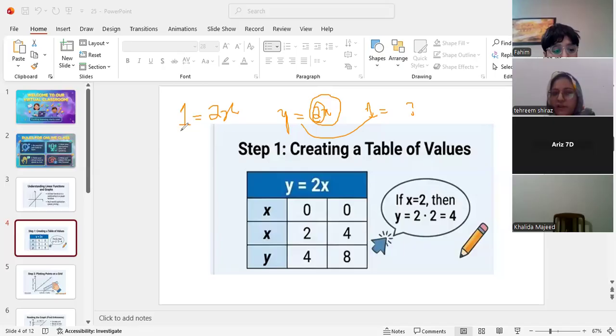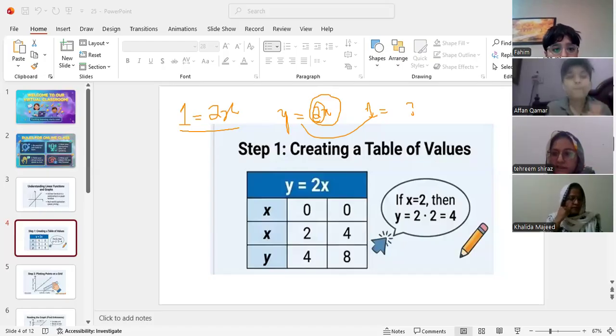I just put the values in the equation, right? How will you solve for the value of x? This 2 is multiplying with x. Yes, Afan.